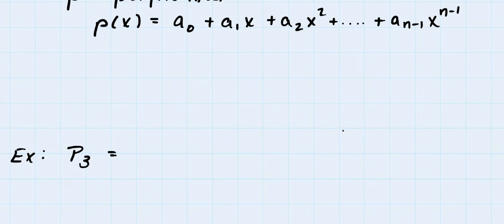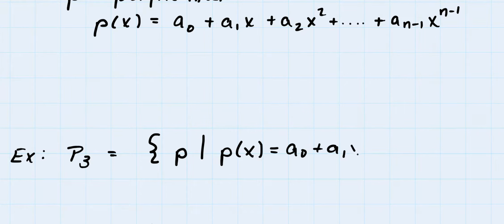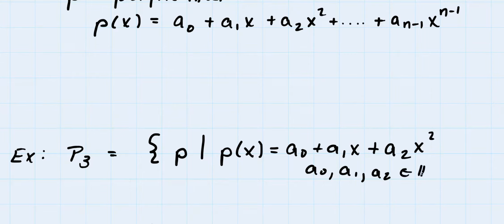So this would be a polynomial of degree less than n. So what would the space P sub 3 look like? P sub 3 is a set of all polynomials such that P of x is equal to a0 plus a1x plus a2x squared, where a0, a1, a2 belong to the real numbers.